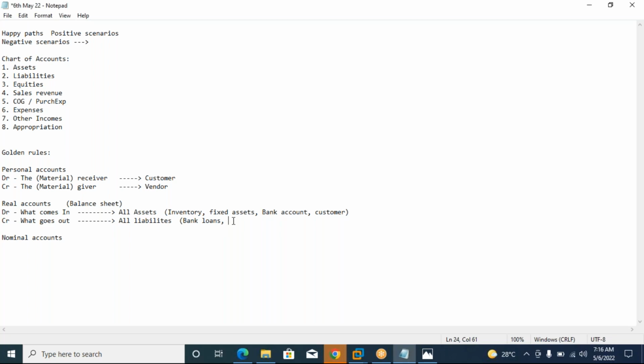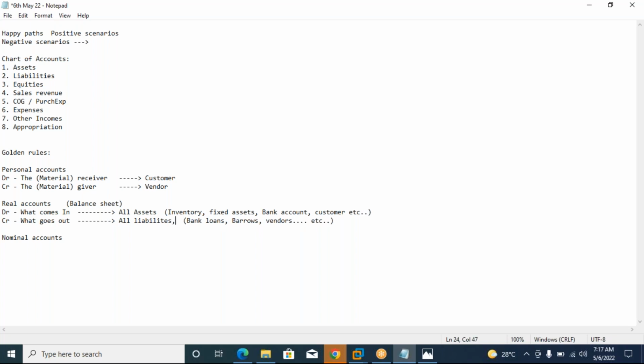Yes, loans, borrowings, and vendors also you need to pay. In this, equities also.